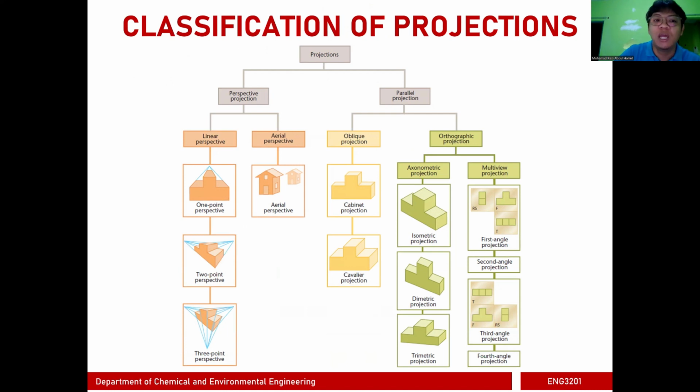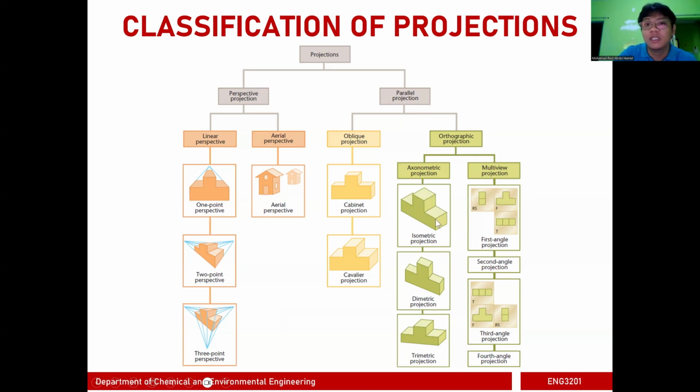Based on that, you will have a different representation of an object. Under axonometric projection, you have isometric projection, where to represent this object you only need one drawing, because you see one dimension here, one dimension here, one dimension here. These are called pictorial projection.